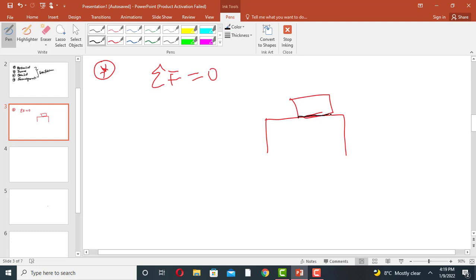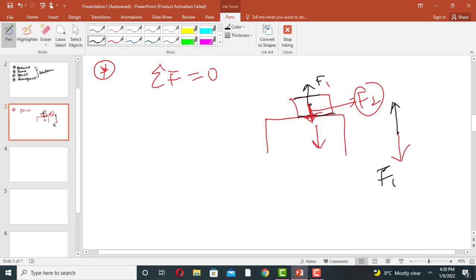One is the force exerted by the table on the block or body, denoted by F1, and the other force, which is the gravity of the block, is denoted by F2. This is F2, this is F1. Suppose the direction of F2 is downward and the direction of the resulting force, F1, is upward.